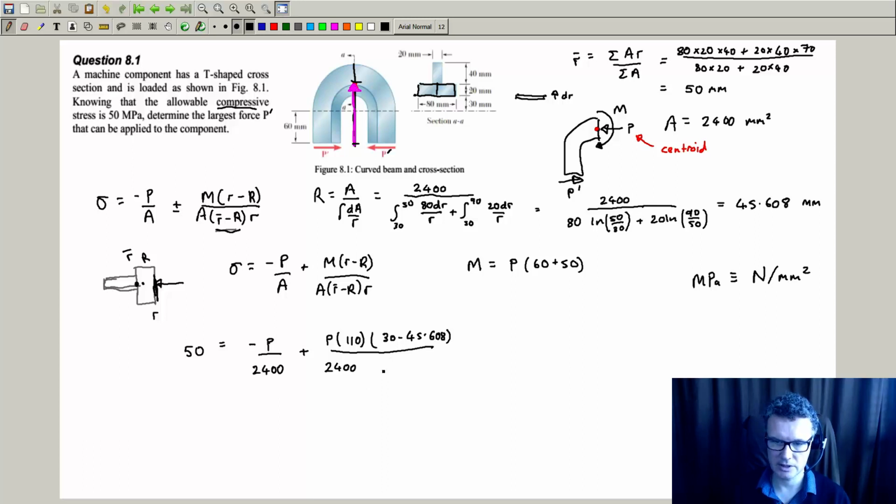Right, so that's going to give you a negative value. R bar, so the centroid is 50. And the little r is going to be 30. So we've got 1 divided by 24,000.